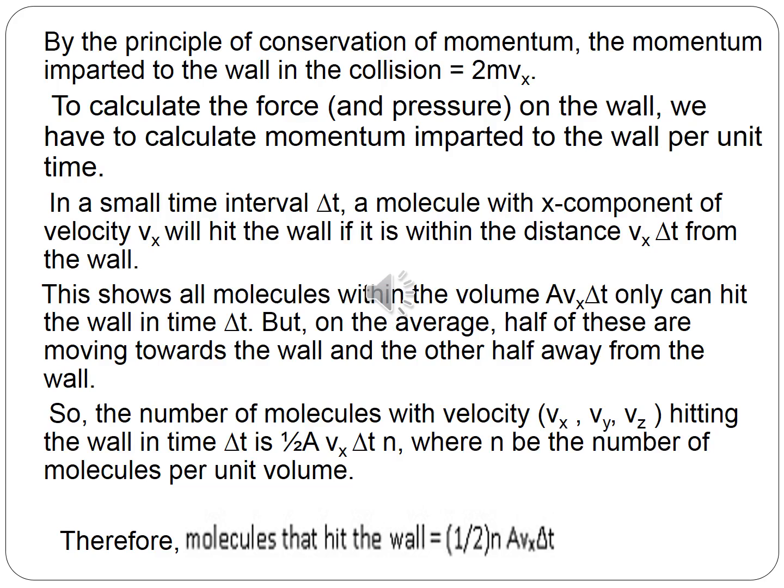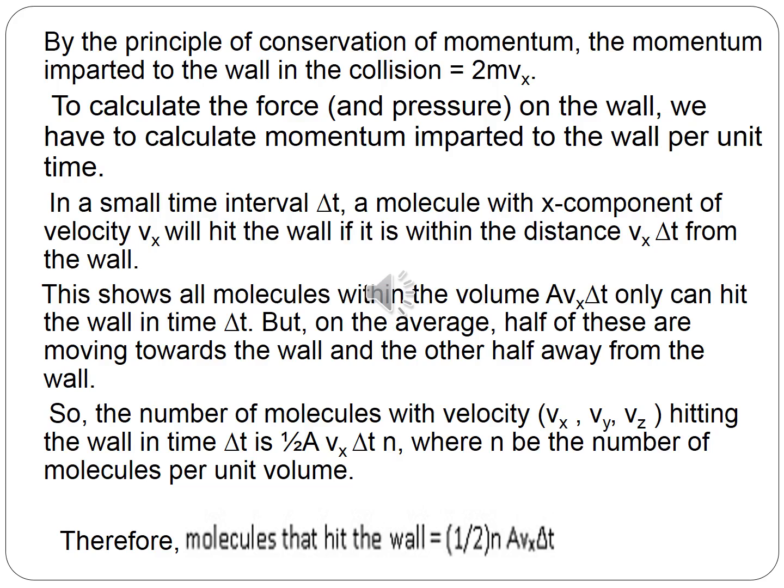In a small time interval delta t, a molecule with x component of velocity Vx will hit the wall if it is within the distance Vx delta t from the wall, as the distance traveled by the molecule in time interval delta t is equal to speed into time, which is Vx delta t.